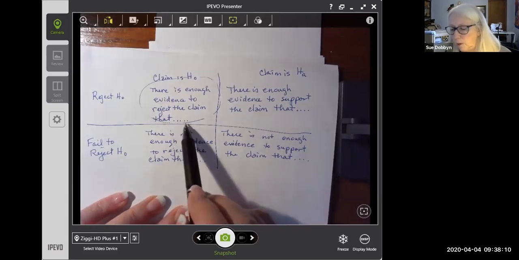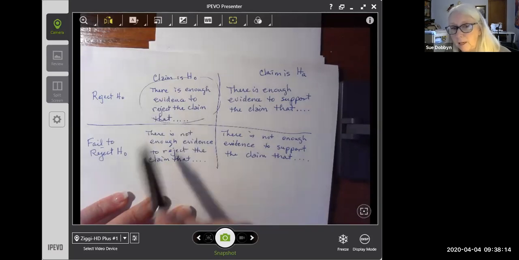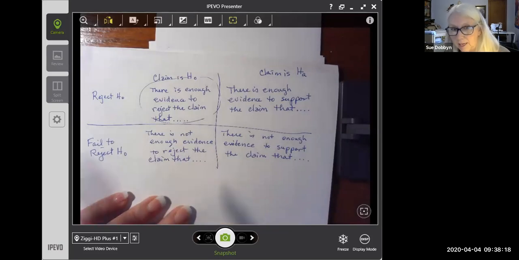So what you do is you write out the wording, and then you fill in the dots with what the claim actually was.